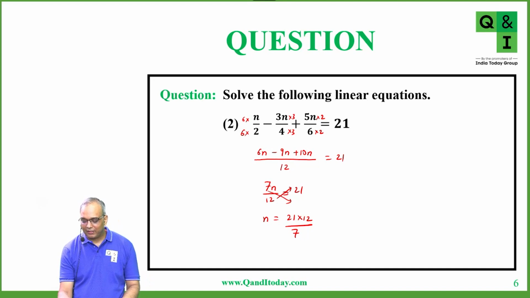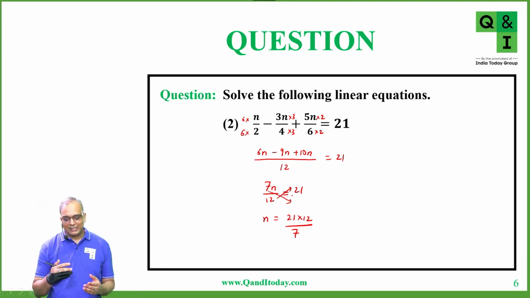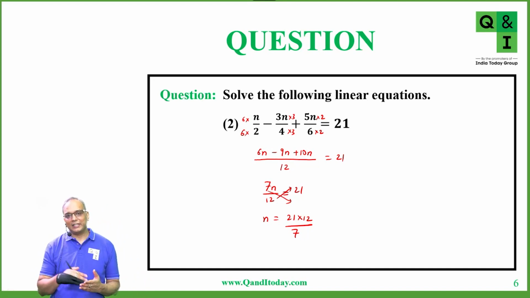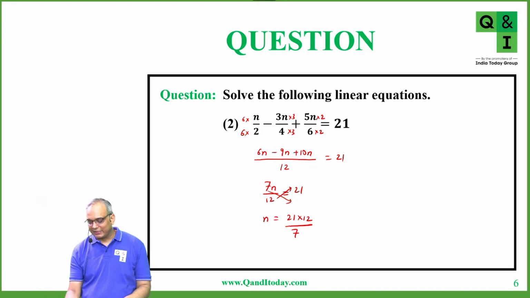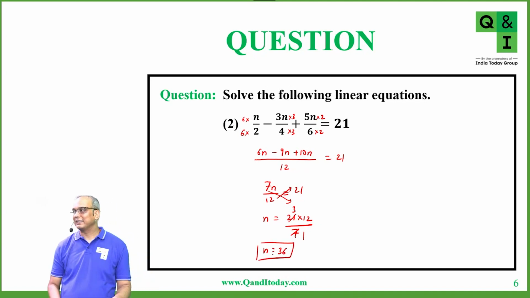Because once we take something from the denominator to the other side, it gets multiplied to the numerator. And if we take it from the numerator to the other side, it will get divided on the other side. So now 7 times 1, 7 times 3. So n is equal to 12 into 3, that is 36. So n is equal to 36 is the answer here.